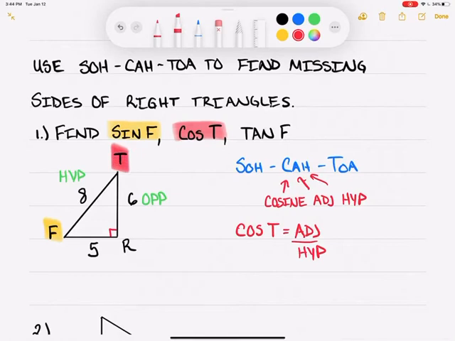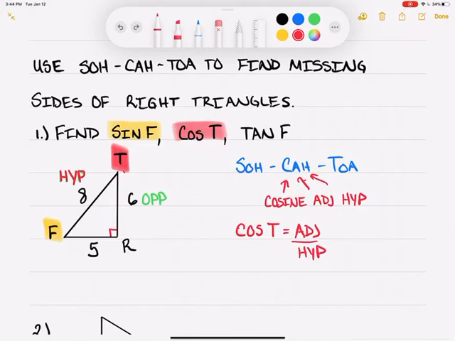This is angle T. So the hypotenuse is going to stay the same. The hypotenuse won't change. But now I also need an adjacent leg. Adjacent means next to. I don't have to go across the triangle.